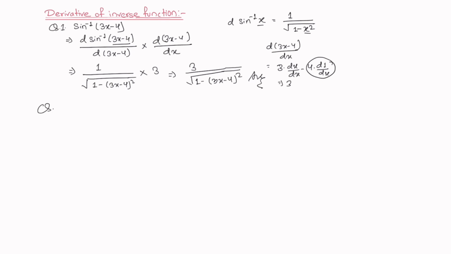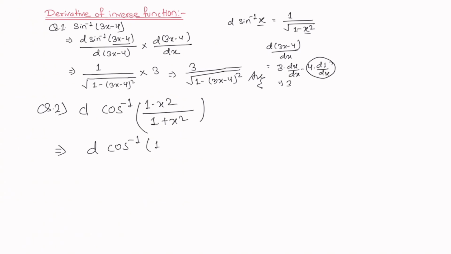So our question number 2 is the derivative of cos inverse of (1 minus x square upon 1 plus x square). To find the derivative of this function, we need to write it as d by dx of cos inverse of (1 minus x square upon 1 plus x square).